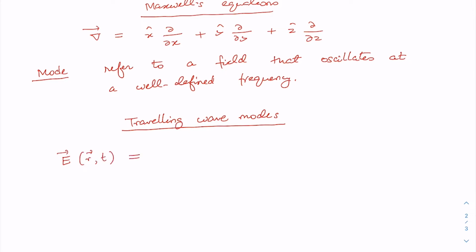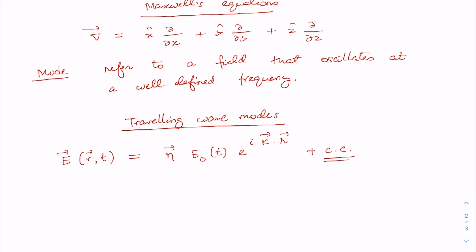So a traveling wave is described by this electric field defined like this. I will explain the terms after writing this. We have, this is the complex conjugate.